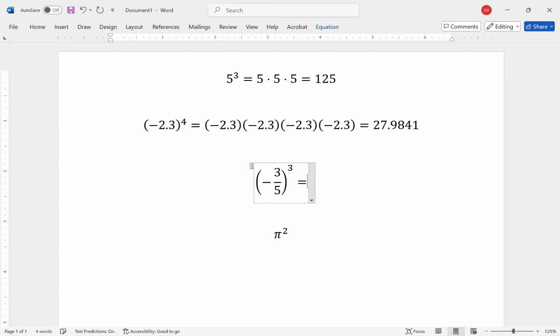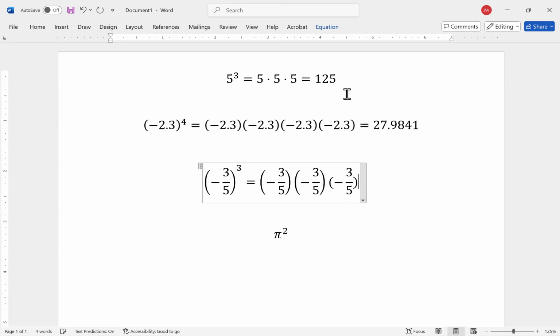Now, if we're multiplying 3 copies of negative 3/5, I'd take negative 3/5 times another negative 3/5 times another negative 3/5.